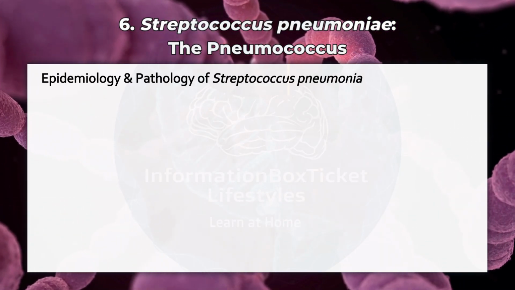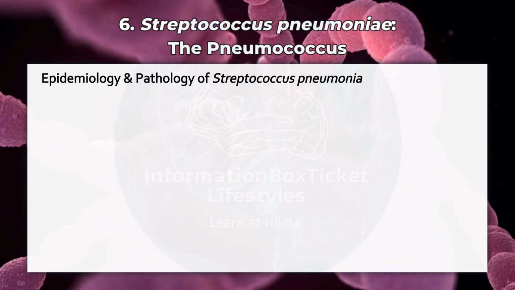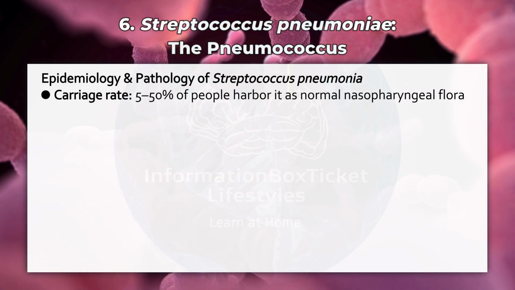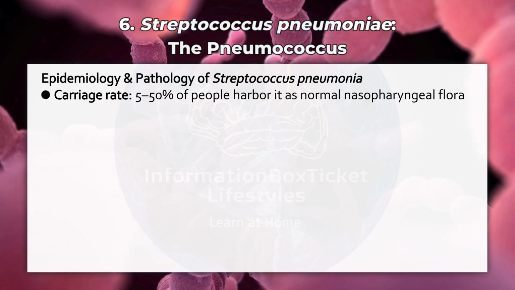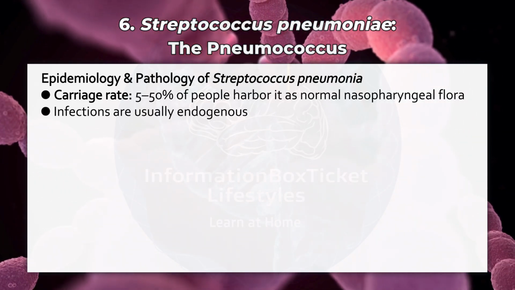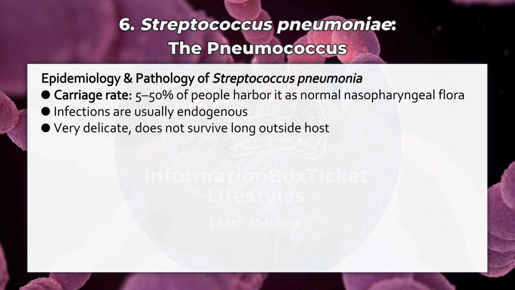Epidemiology and pathology of Streptococcus pneumoniae. Carriage rate: 5 to 50% of people harbor it as normal nasopharyngeal flora. Infections are usually endogenous. The organism is very delicate and does not survive long outside the host.